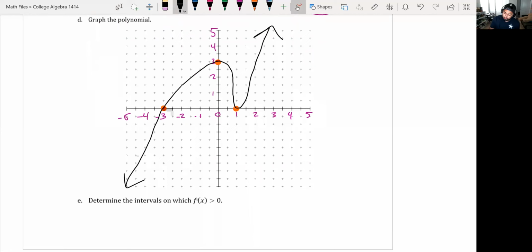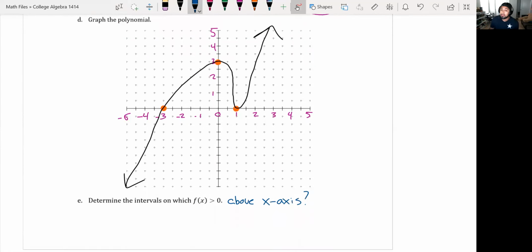Where are we above the x-axis? What intervals of x are we above the x-axis? Read the graph from left to right.